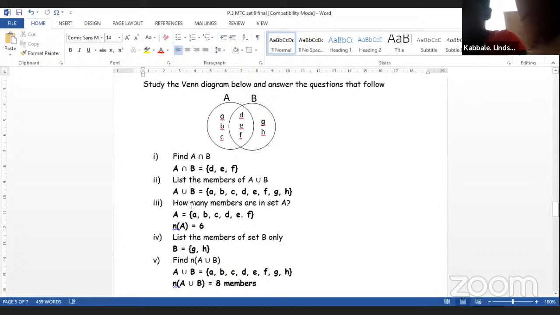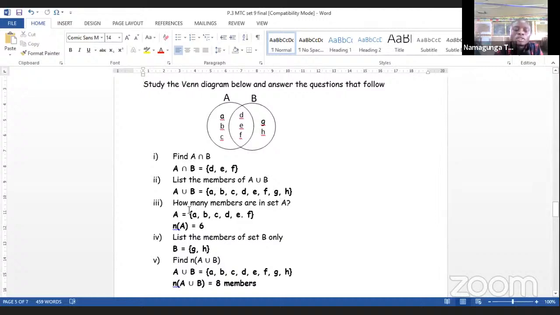How many members are in set A? Yes, very good. So they have asked us the number of members of set A. How many members are in set A?